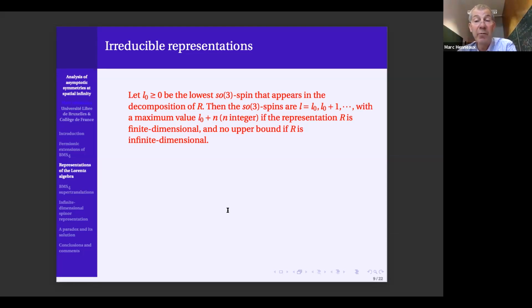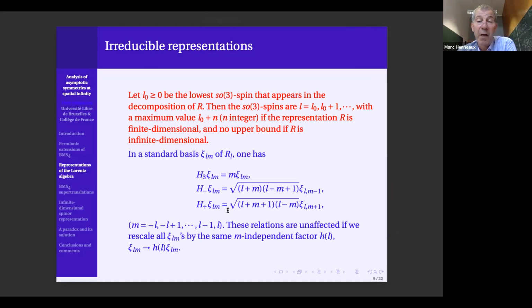So you will have L0, L0 plus 1, L0 plus 2, etc. And if the representation R is finite dimensional, it will stop at some maximum value, L0 plus n, where n is an integer. And if it's infinite dimensional, it will not stop. And both cases have been considered by Gelfand and Neymark and Harish-Chandra. Now they explicitly constructed the matrix elements of all the operators.